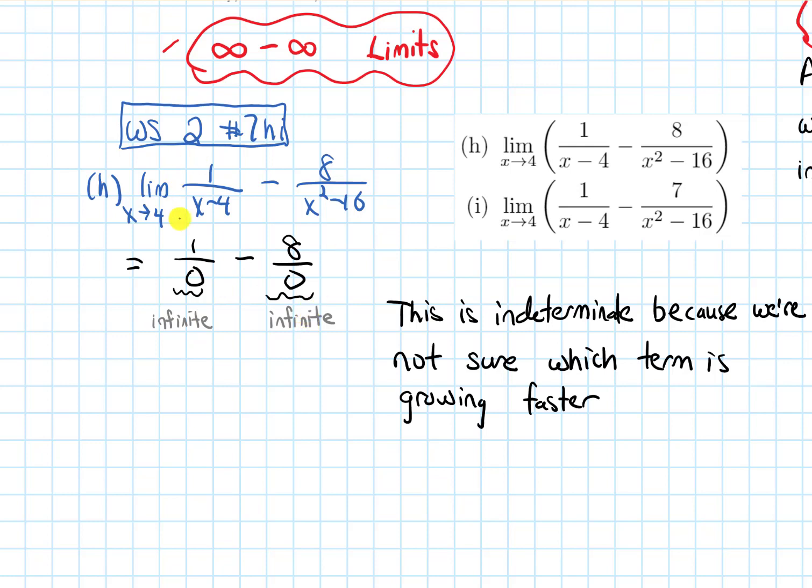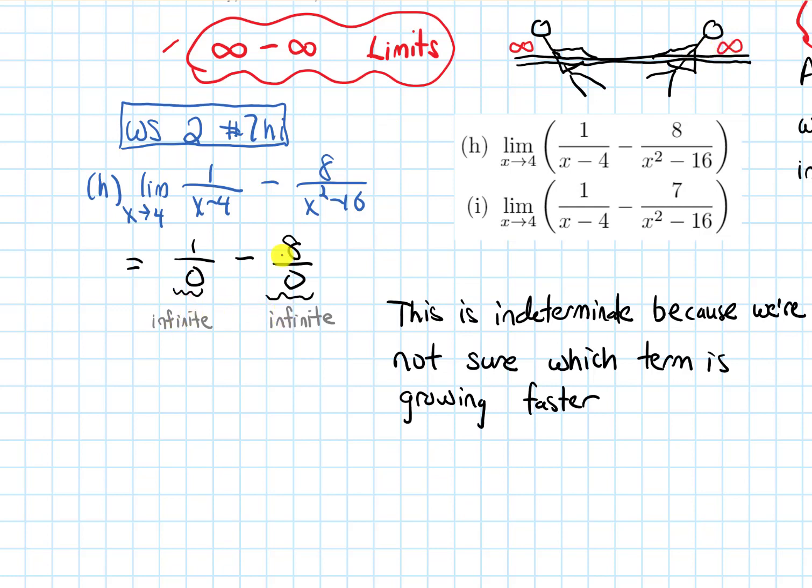The way I like to visualize an infinity minus infinity is imagine a game of tug of war. I've drawn a skinny rope here, and imagine that you have some people pulling on this rope. Each one of these represents an infinity. Each one of those infinities is tugging on the rope and saying, I'm bigger, no, I'm bigger.